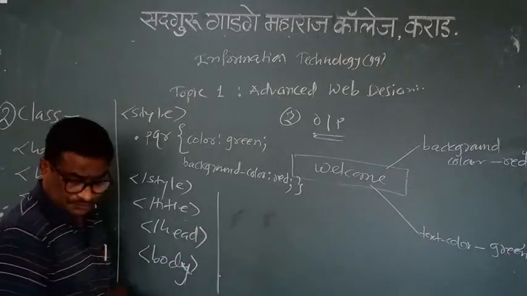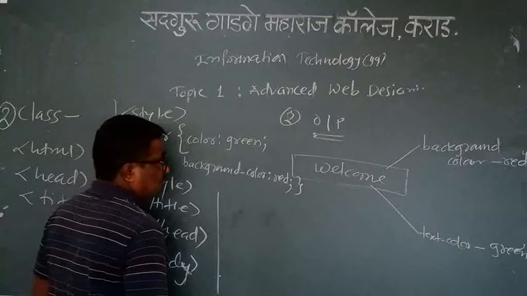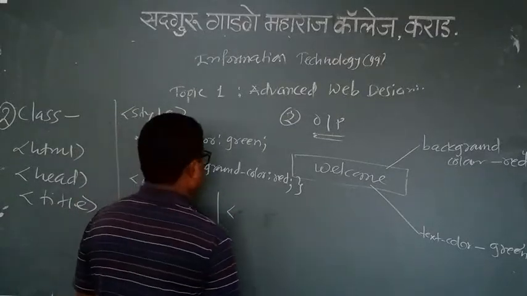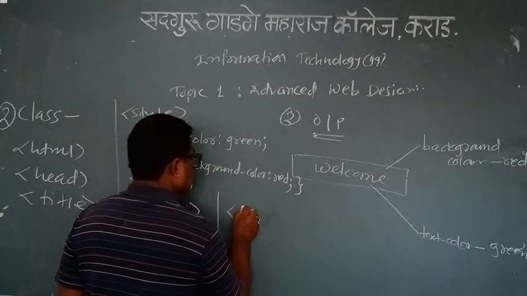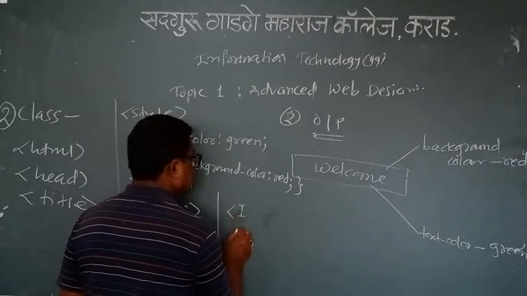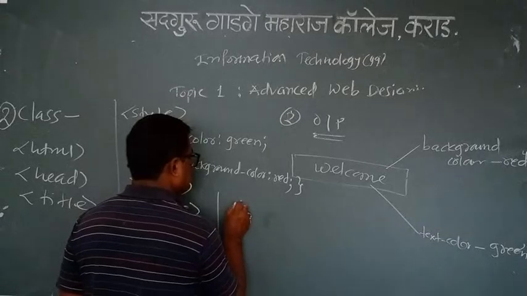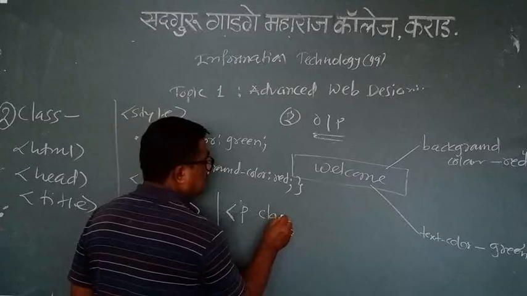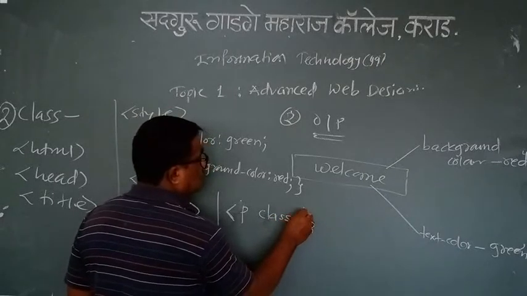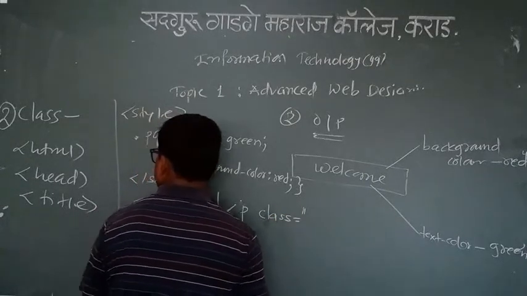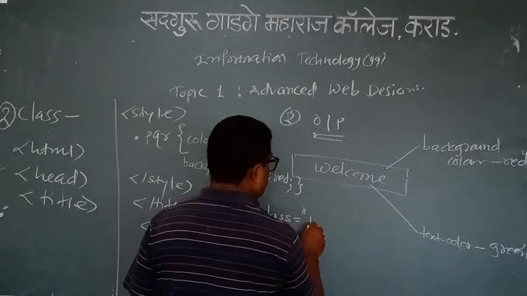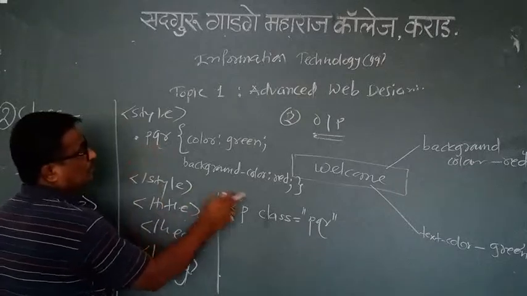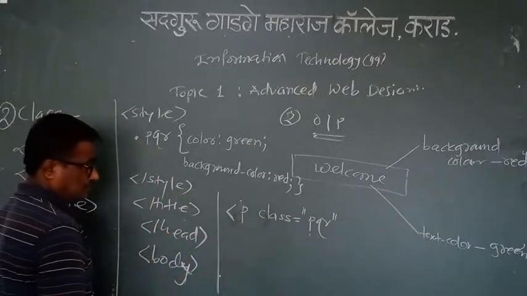In body we have to take name of the tag, for example here I tag or P tag. After that name here is class is equal to name of the class, PQR.